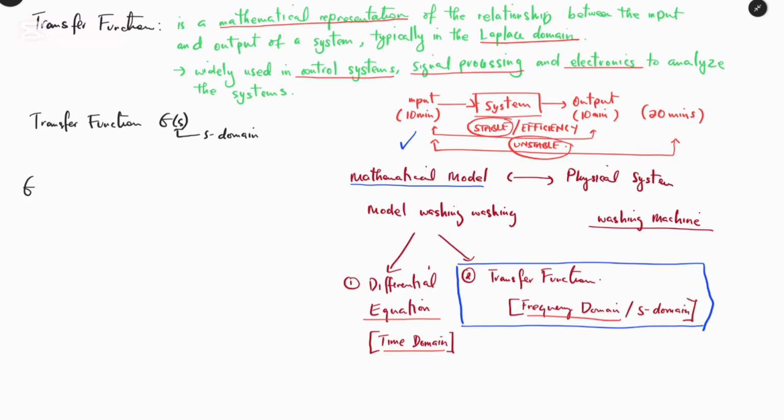And now we can say that G of S as a notation is equal to the output of S over the input of S. And this is our basic transfer function, where we have the ratio of the output versus the input. And remember that the output analysis is in the Laplace transform, the same as the input.